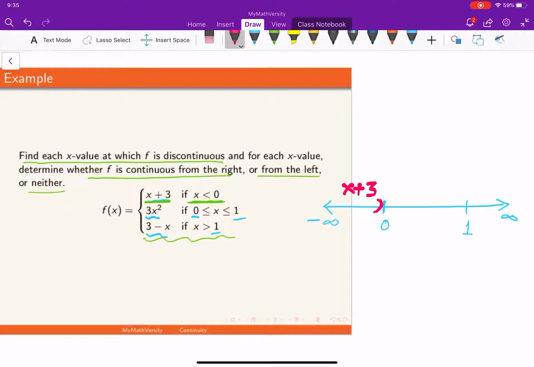When x is greater than or equal to 0 and less than or equal to 1, the function is defined by 3x squared, so I have those brackets there because of the equal signs. And when x is greater than 1, the function is defined as 3 minus x. Let me write that down.